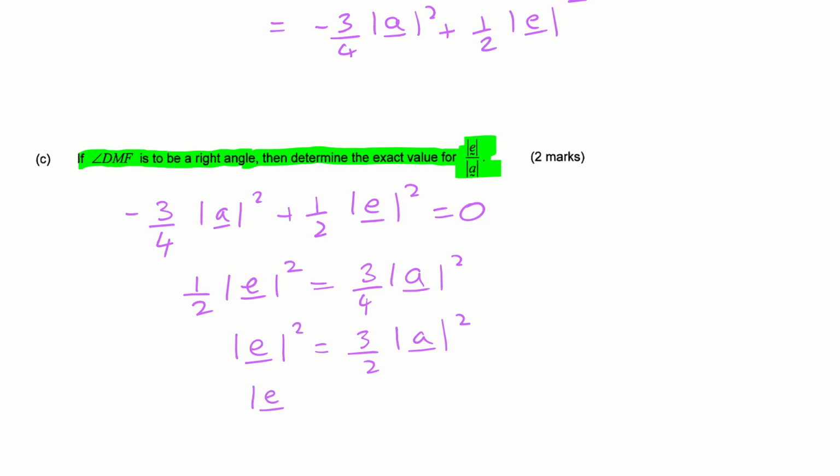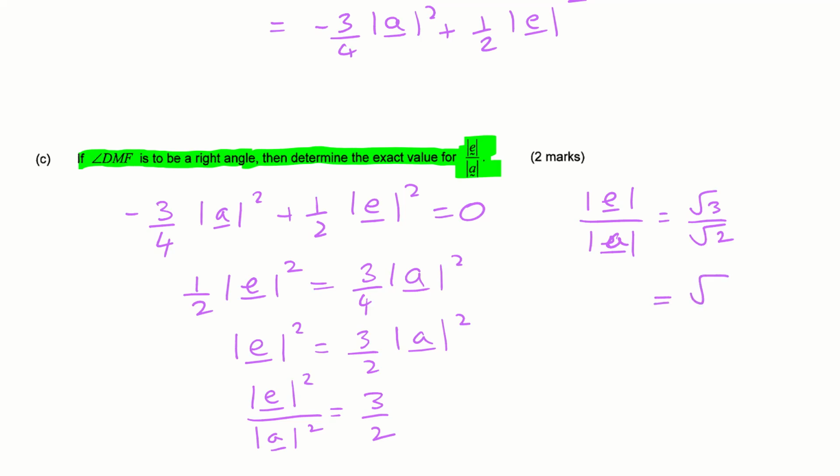So mod E squared over mod A squared is 3 on 2. So mod E divided by mod A is root 3 over root 2, and rationalizing the denominator gives us root 6 on 2.